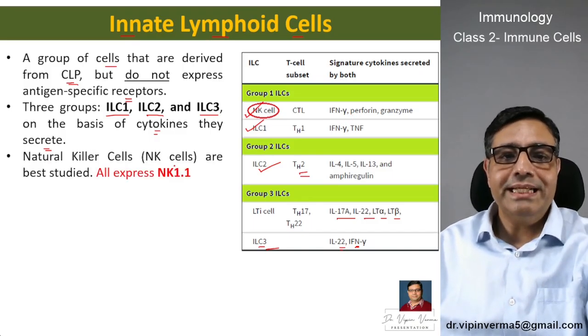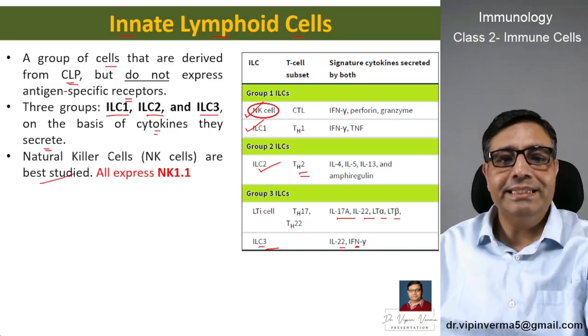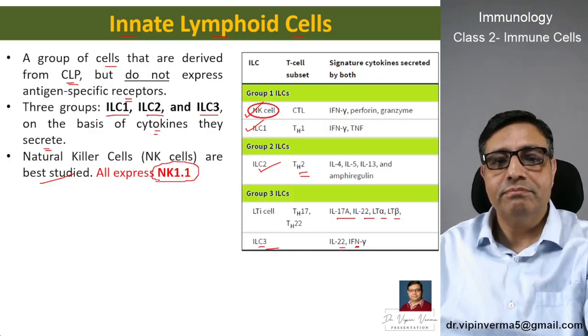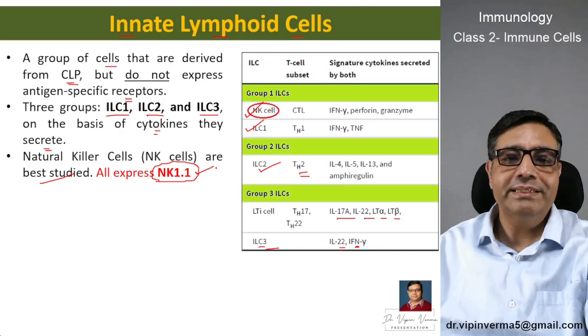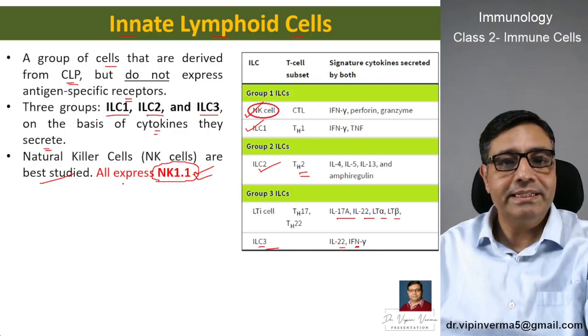So natural killer cells are the best studied cells, and all the natural killer cells express NK1.1 receptor. This is the signature receptor, the natural killer cell specific receptor, NK1.1.